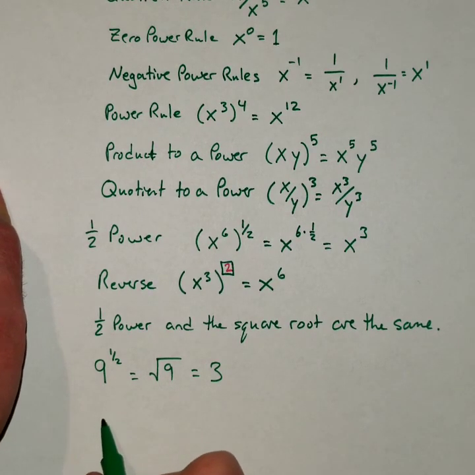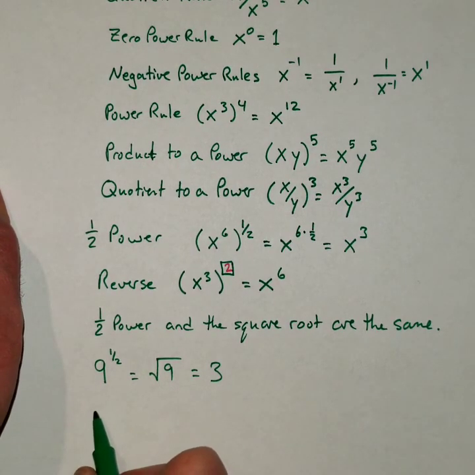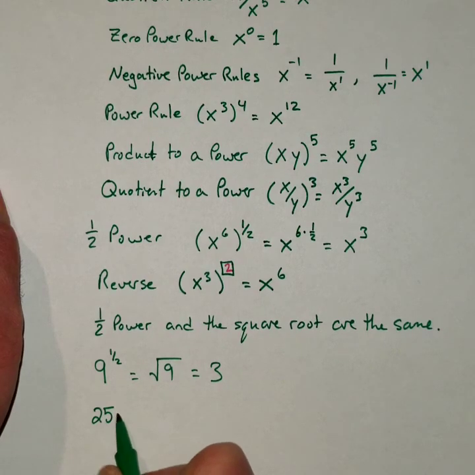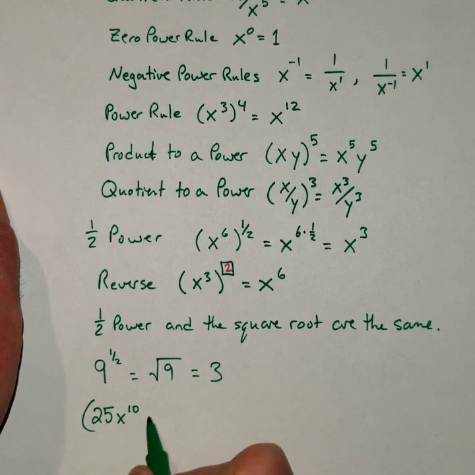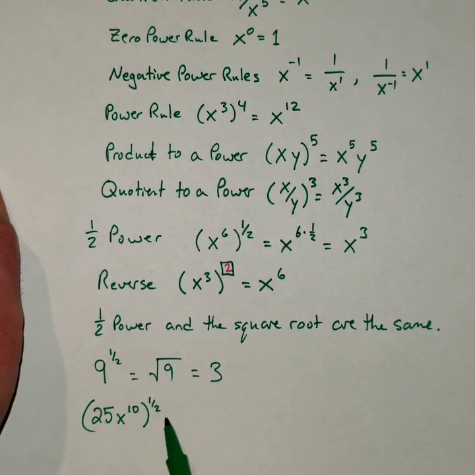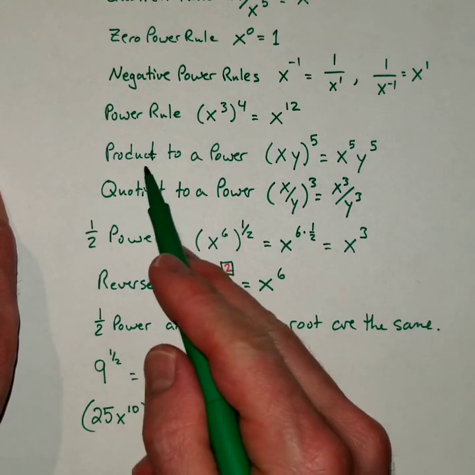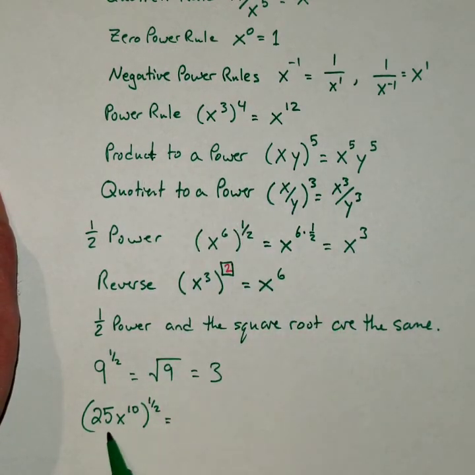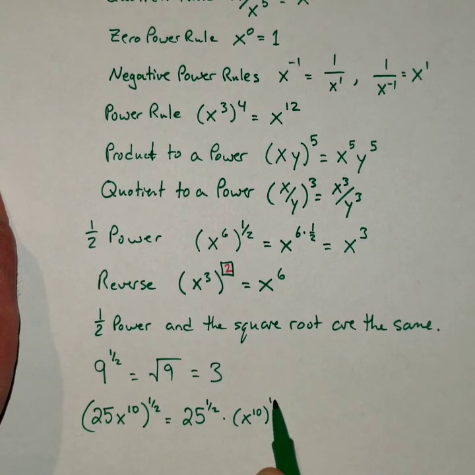If I had, let's say, 25x to the 10th power, and I raise all of that to the 1/2 power, well, according to our product to a power rule, each of these factors gets raised to the 1/2 power. So it's like 25 to the 1/2 power times x to the 10 to the 1/2 power.